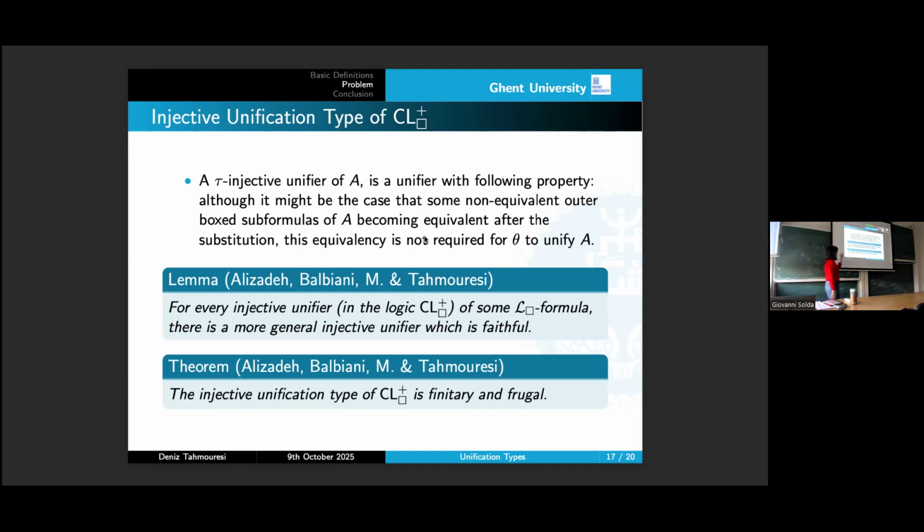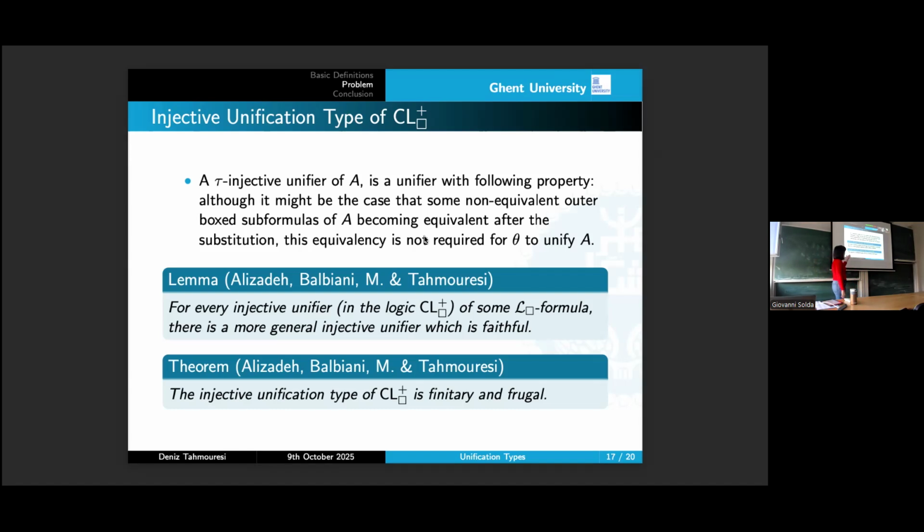And the main result here is that for every injective unifier that we have, there is a more general injective unifier which is also faithful. Faithfulness is that we don't have anything outside the subformula. Injectivity says that if two box formulas come to the same parameter, then it is not important for us. It doesn't have power over the unification process, and the lemma says that for every injective unifier, there is one which is also injective and also faithful.